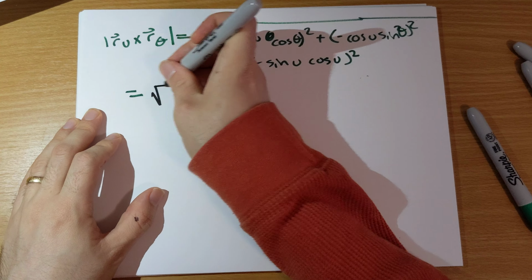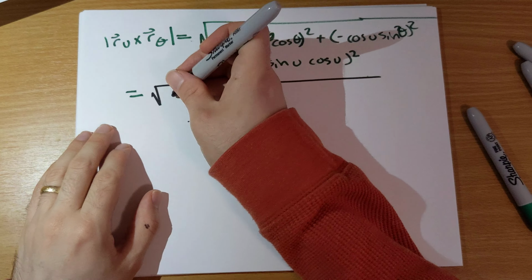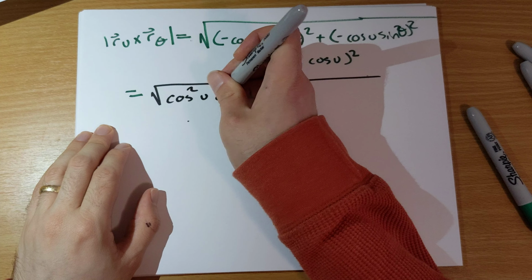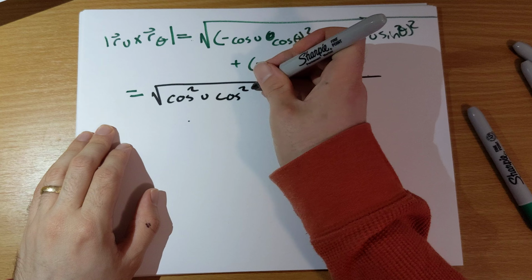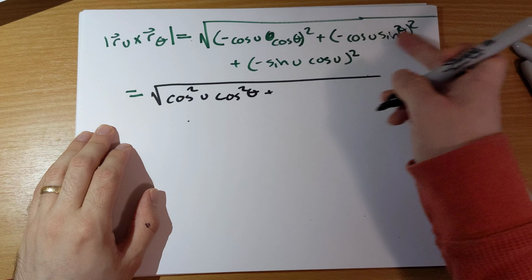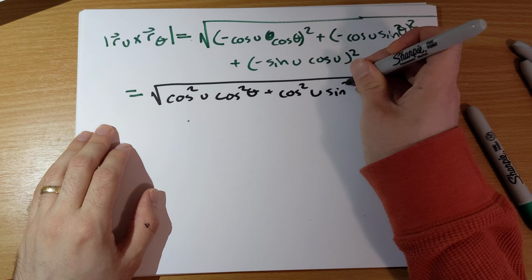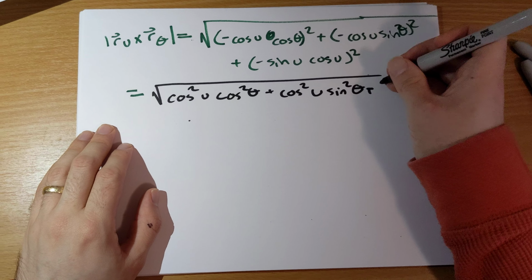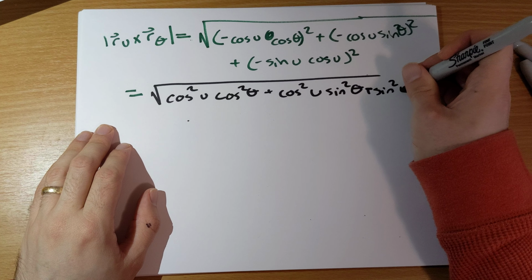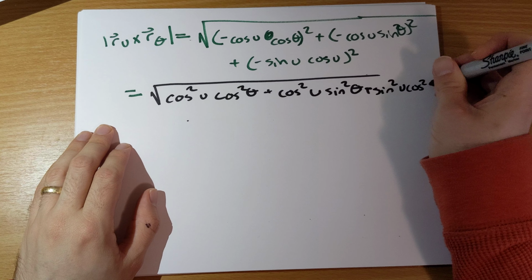And so this is cosine squared u cosine squared theta plus cosine squared u sine squared theta plus sine squared u cosine squared u.